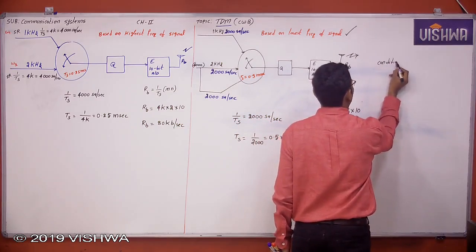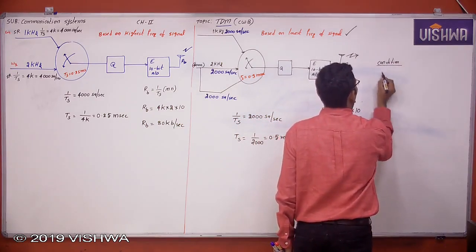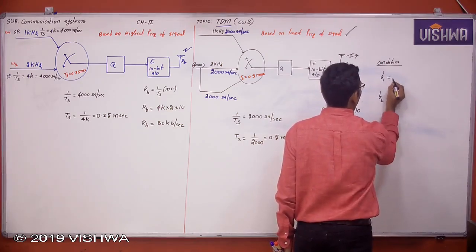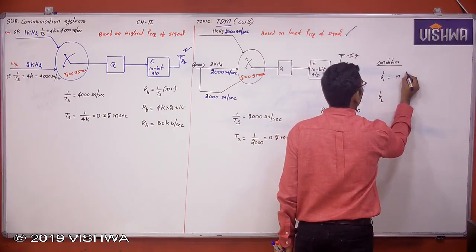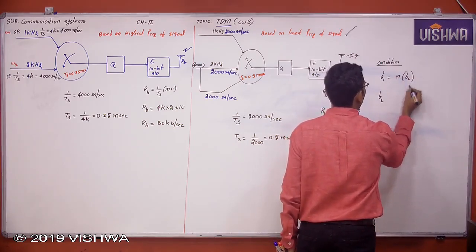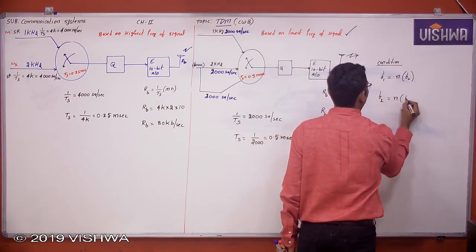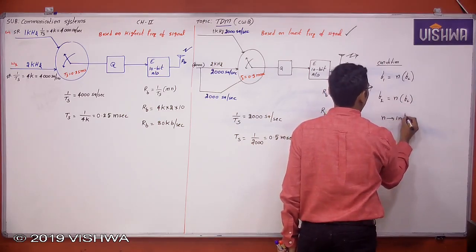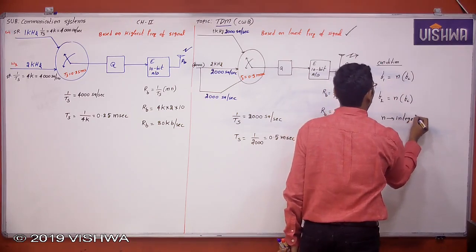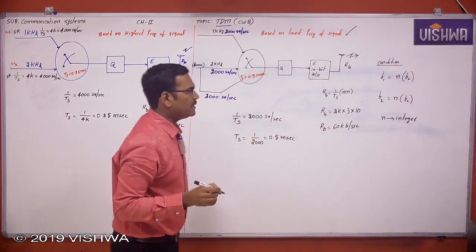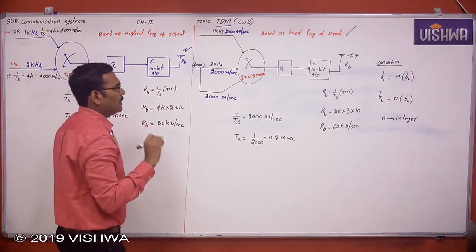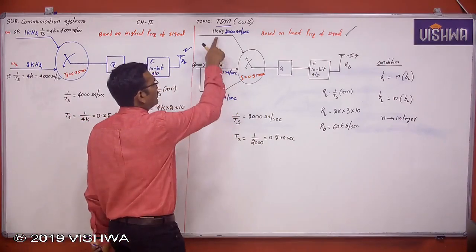The condition is all the frequencies of the signal should be integer multiples of the lowest frequency. Integer multiples of lowest frequency, N is an integer. All the frequencies of the given signal should be integer multiples of the lowest frequency, then this method is valid. Yes. What is the first frequency?